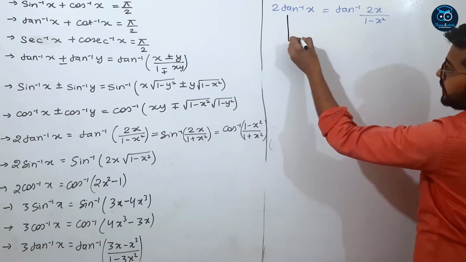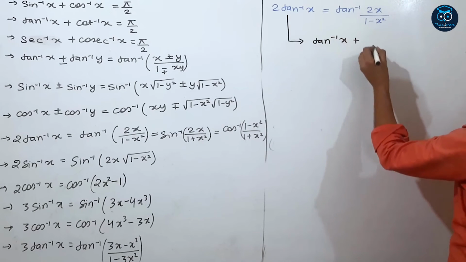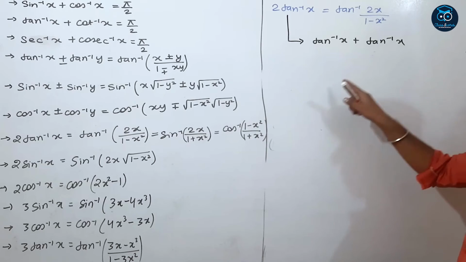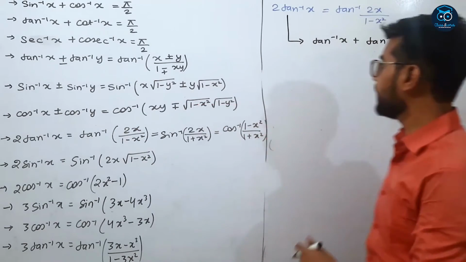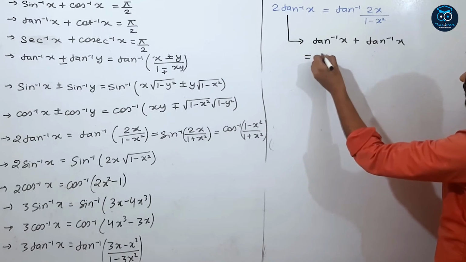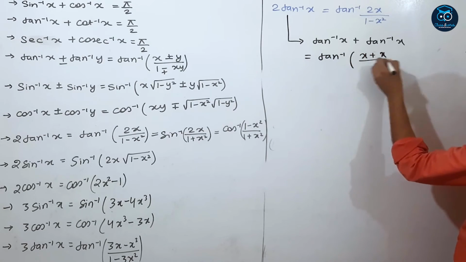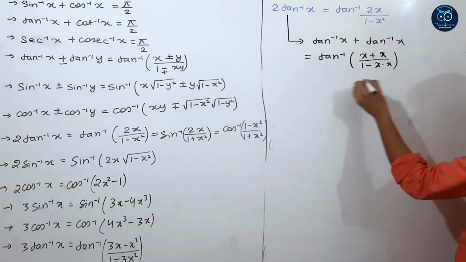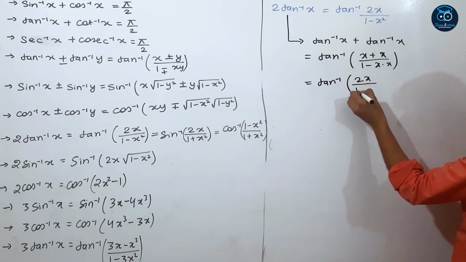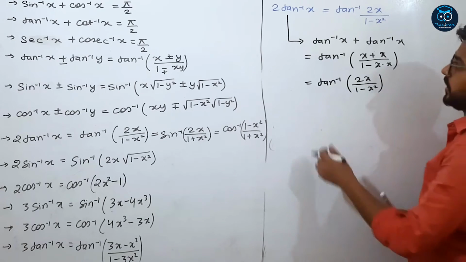Either you can write 2 tan inverse x as tan inverse x plus tan inverse x, then apply the identity tan inverse x plus tan inverse y, that is tan inverse of x plus y upon 1 minus xy. So it becomes tan inverse of x plus y upon 1 minus xy.